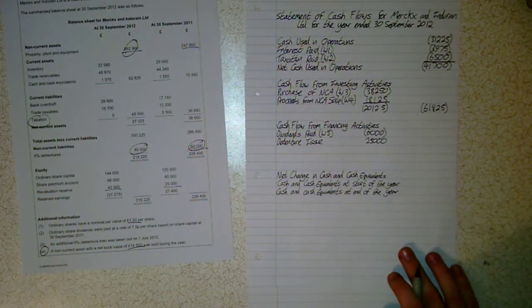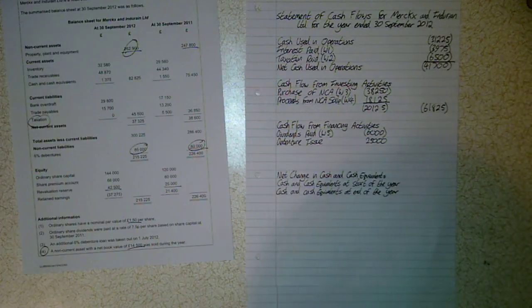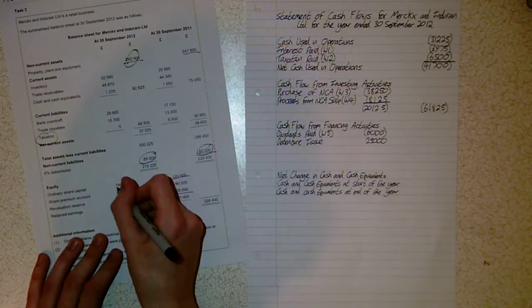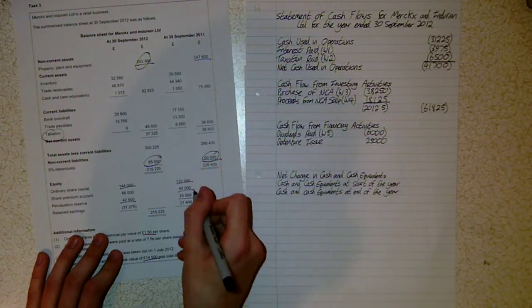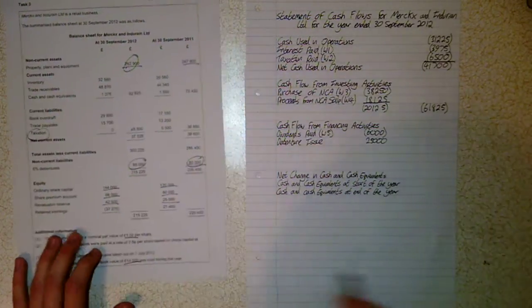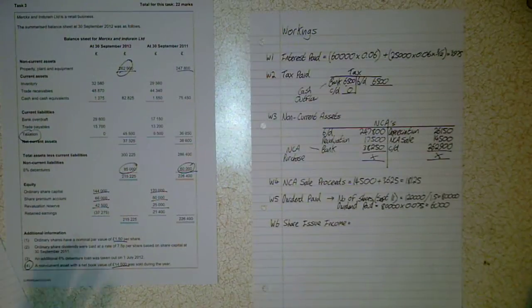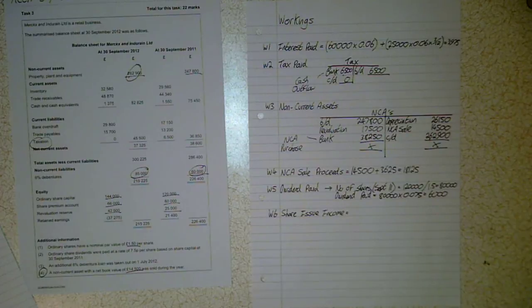And also, one final thing is the issue of shares. We've noticed that the ordinary share capital here has gone from 120 to 144, but also the premium's gone up as well. So we need to account for this, because if you issue shares, you're going to make money, aren't you? We're giving out shares, we receive funds for them shares.